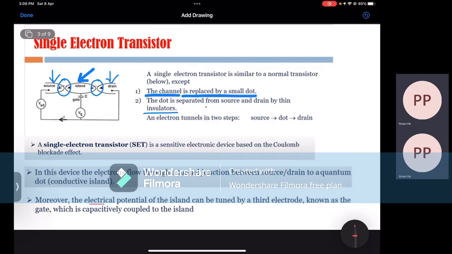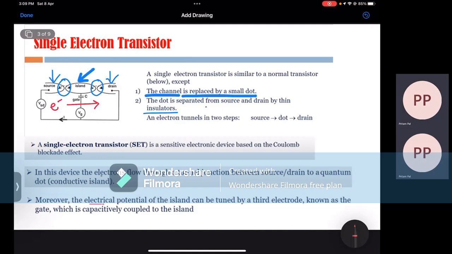Now when an electron travels from source to drain, it has to tunnel in two steps. First the electron will tunnel from the source to the dot, and then from the dot to the drain.